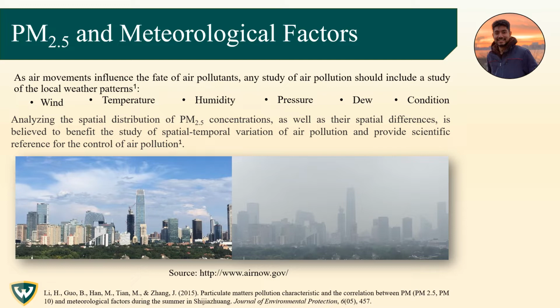According to a recent research study, it was concluded that the meteorological conditions can at least make a contribution of 16% to the reduction of PM2.5 mass concentration. And analyzing the spatial distribution of PM2.5 concentrations, as well as their spatial differences, is believed to benefit the study of spatial temporal variation of air pollution and provide scientific reference for the control of air pollution.